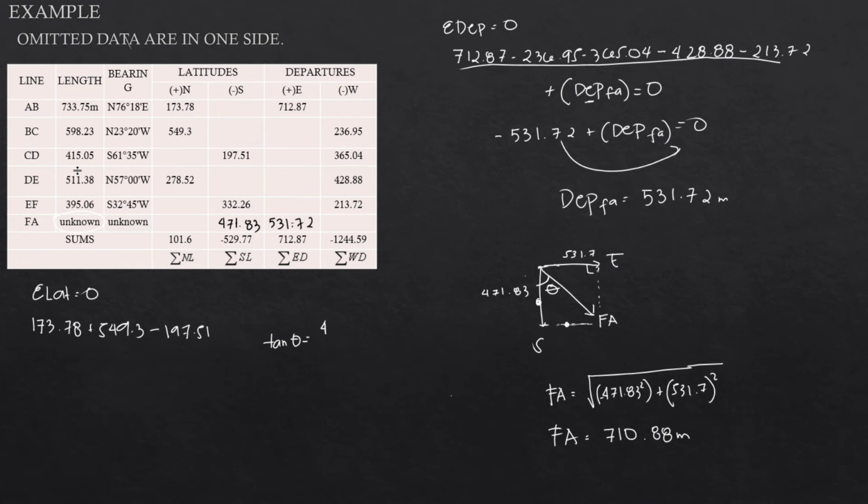So, meron tayong 471.83. Opposite pala. Opposite is yung departure. So, meron tayong 531.72 over 471.83.